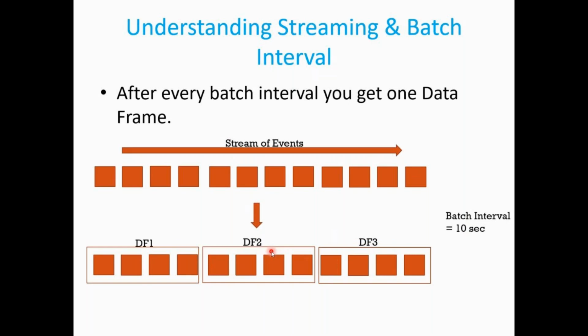For every 10 seconds, it's going to create a data frame. After every batch interval, you get one data frame. Whatever data is coming in a span of 10 seconds is grouped as one data frame.